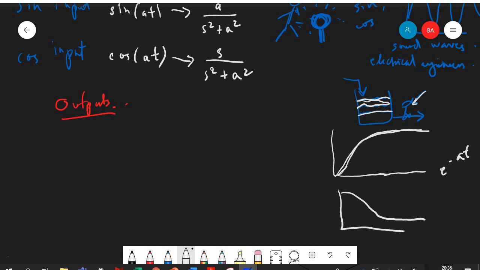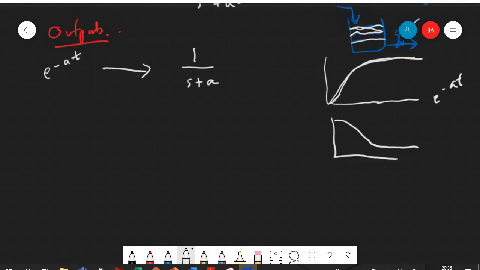Because we are talking about an exponential term, we need to know how it looks in the S domain if we have it in the time domain. It will look like 1 over S plus a. And actually, those are not the only outputs we could have. We could have some other outputs which look different, and I will draw in the figure here something that looks like that. Just look at it.